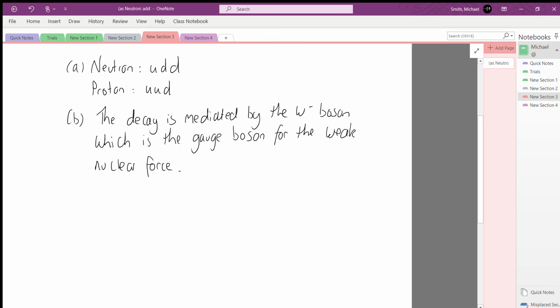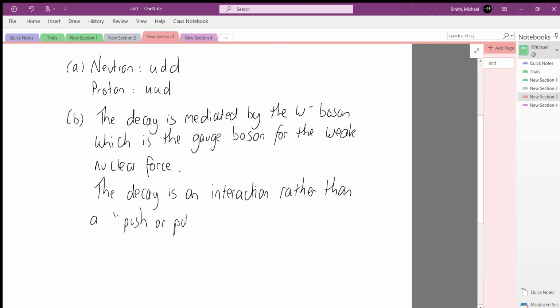So to write that down, we'll say the decay is an interaction rather than a push or pull like a regular force.